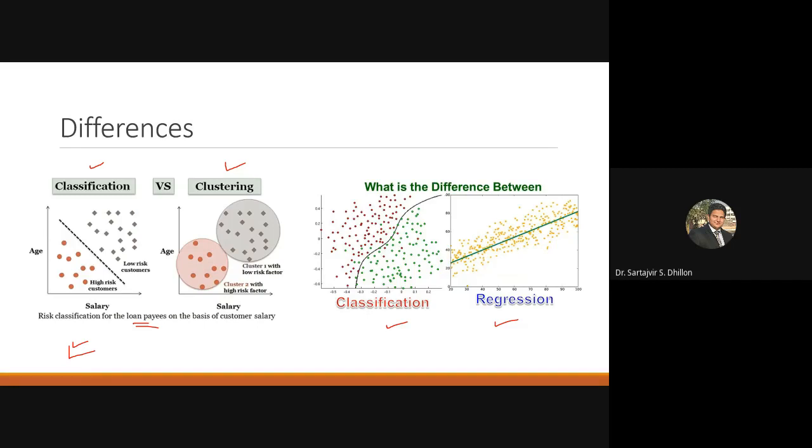And here you can see that there is a separation between these 2 points. This one is higher risk customers whose salaries as well as age are less, as compared to these low risk customers whose age is higher as well as the salary is higher. So we can do it very easily by marking a line in between them. So there is nothing like a regression, but it is a separation between these 2 points.